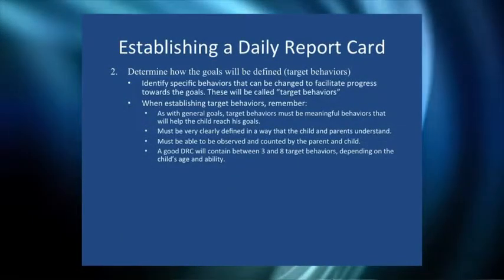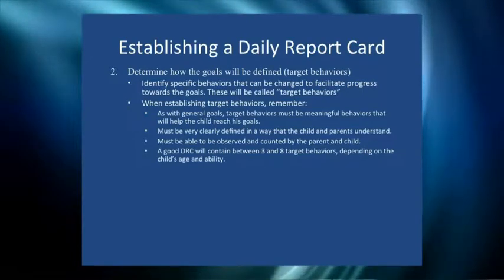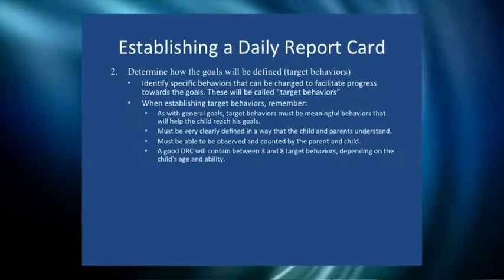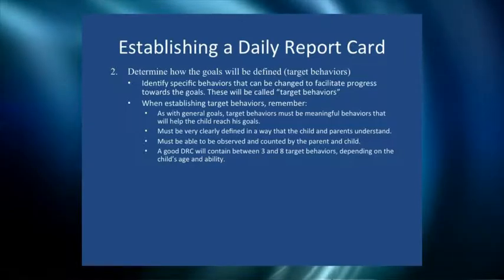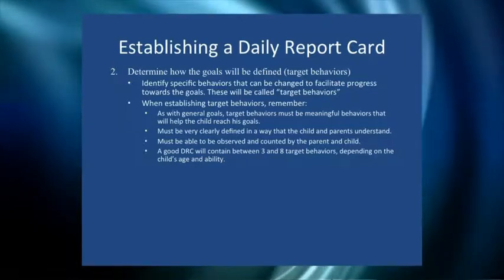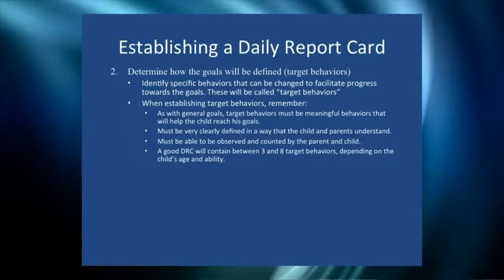For most kids of elementary school age, between 3 to 8 target behaviors are appropriate. Older kids can handle more behaviors, younger kids fewer behaviors. And especially if the behaviors are going to be difficult for the child to maintain, we may want to start with fewer rather than more. For teenagers, we use a daily report card frequently, though we don't call it a daily report card. Typically we tie it more to kids' allowance or to their behavioral expectations for the day.